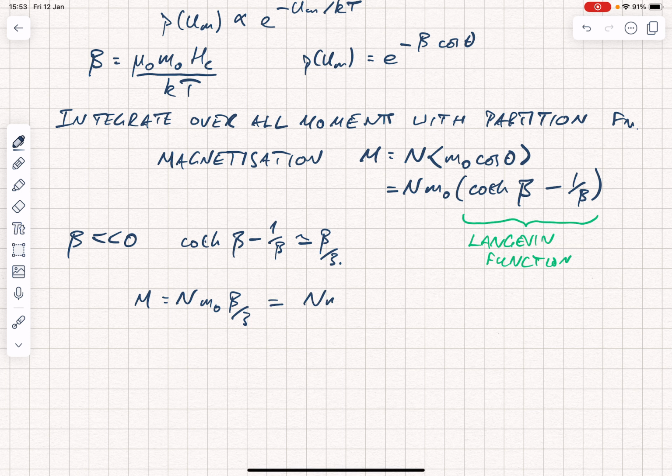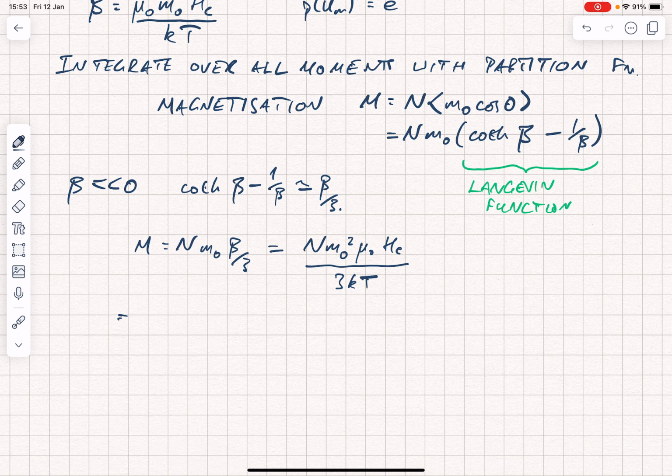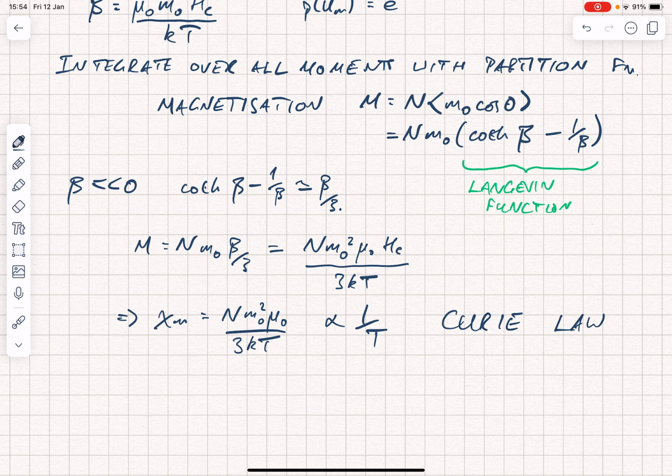We get N m0 squared μ0 H divided by 3kT. And that, of course, tells us that χm is going to equal N m0 squared μ0 over 3kT, which is just proportional to 1 over T, and this is the Curie law, or Curie's law, depending on how you want to use your possessives.